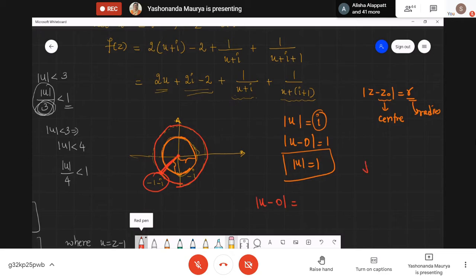So it's 1 square plus 1 square. So it is square root of 2. Okay. So this turns out to be square root of 2. Is this part clear? Mod z is square root 2.